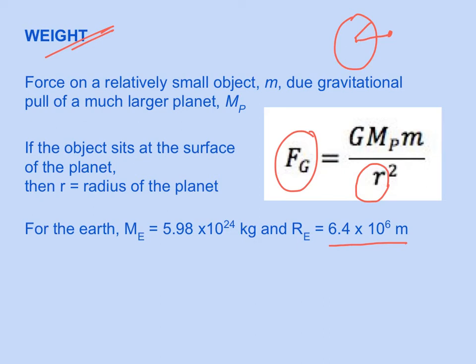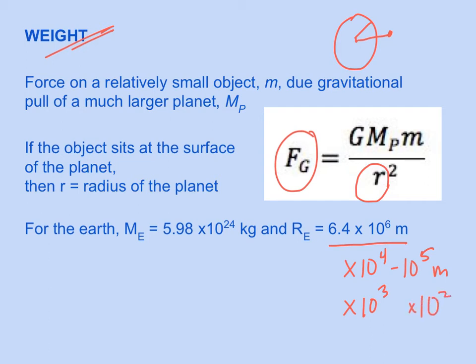Even the space station is on the order of maybe 10 to the fourth or 10 to the fifth meters away. So that's where it starts to be appreciable. But on the top of a mountain, you're just changing your height by miles, which is maybe 1,000 or 2,000 meters. That's on the order of 10 to the third, or 10 to the second maybe. It's just not affecting things.